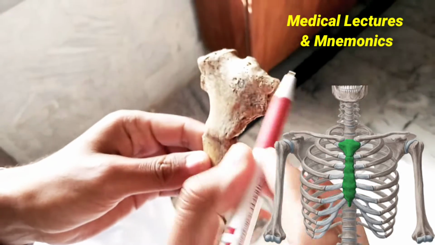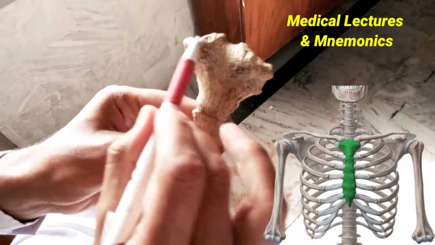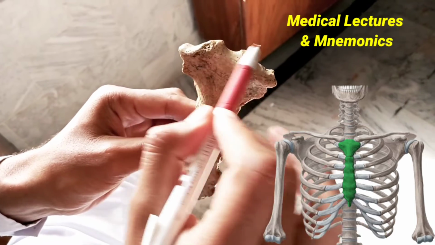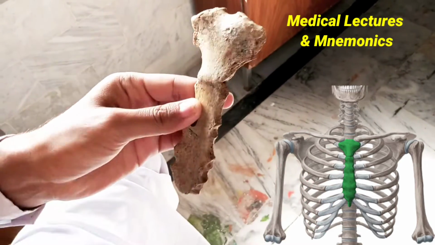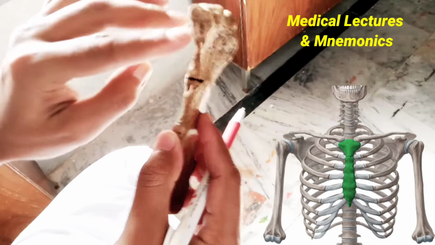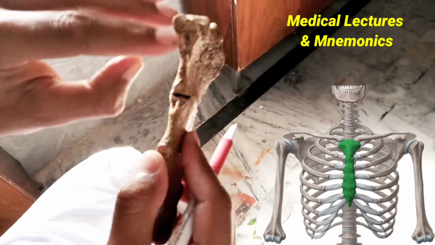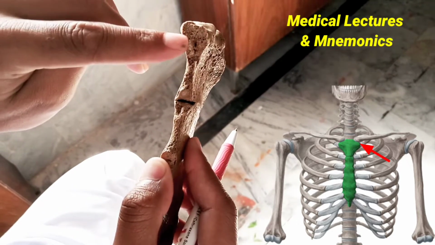And the two lateral borders. We have talked about the four borders: the superior, the inferior, and the two lateral borders. On the lateral border of the manubrium, there is a complete articular facet for the cartilage of the first rib.